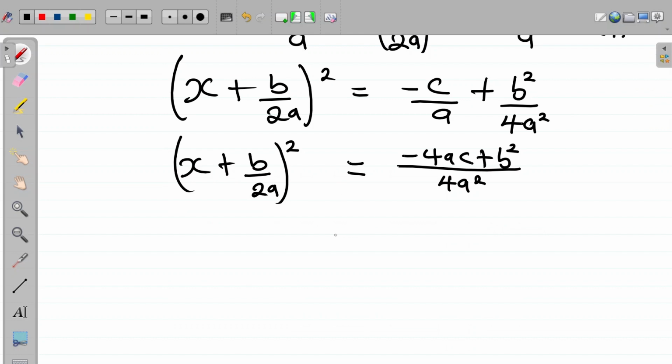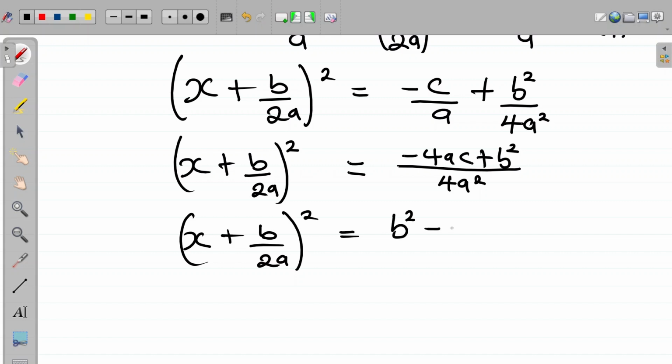So therefore, we can have that x plus b divided by 2a all squared is equal to, we can rearrange our numerator. Our expression becomes b squared minus 4ac divided by 4a squared.